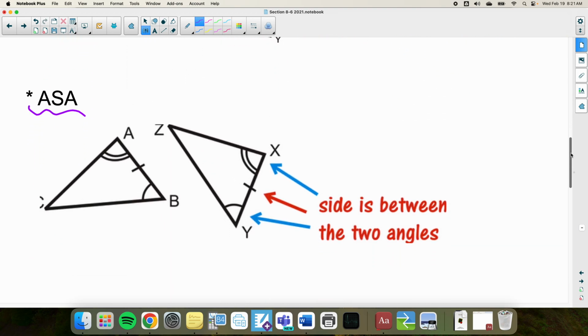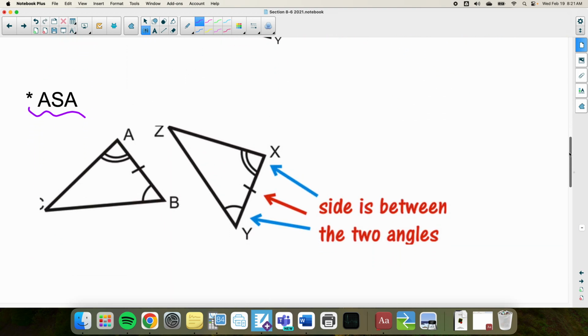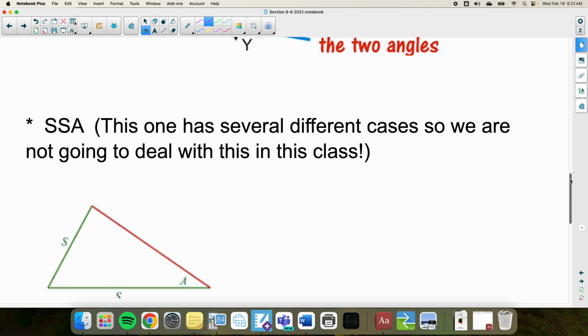The other thing is if we use angle, side, angle, okay? So if we were given a triangle that looked like this, say this was 40 again, this was 15, and this was 60, that's angle, side, angle, and you can use law of sines for that, okay?